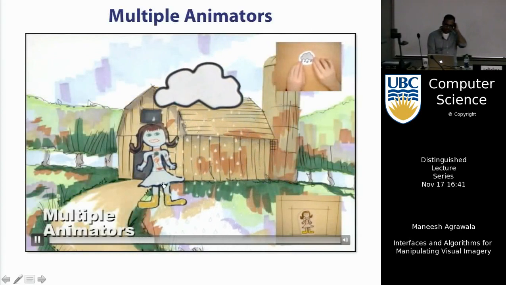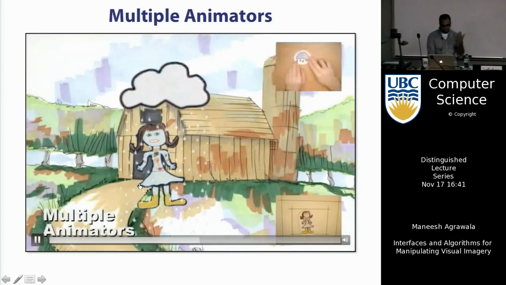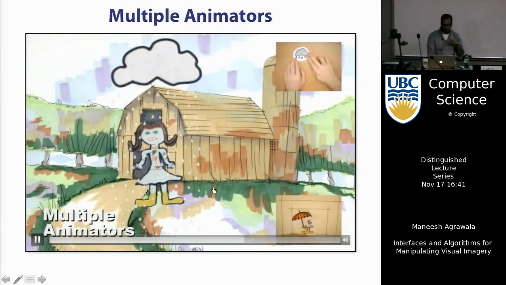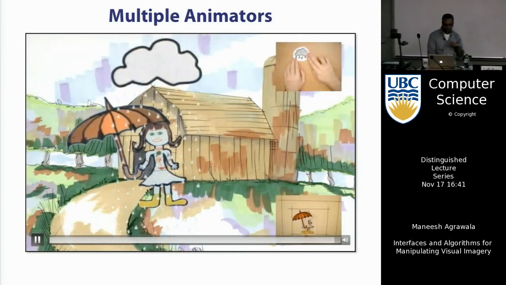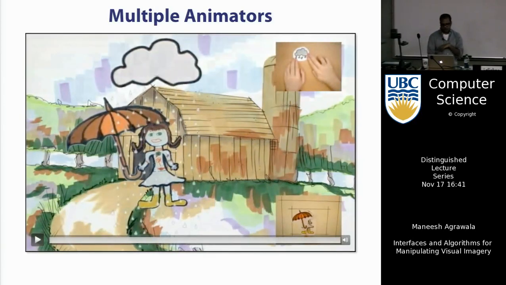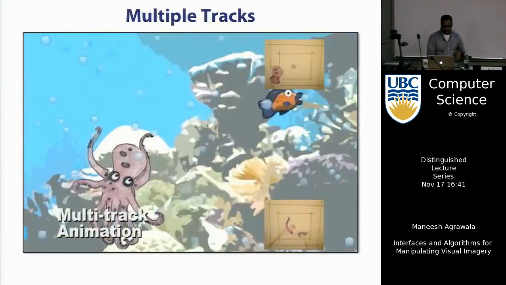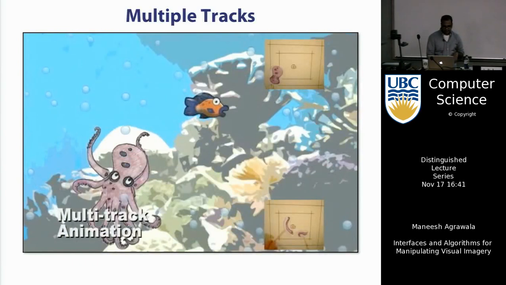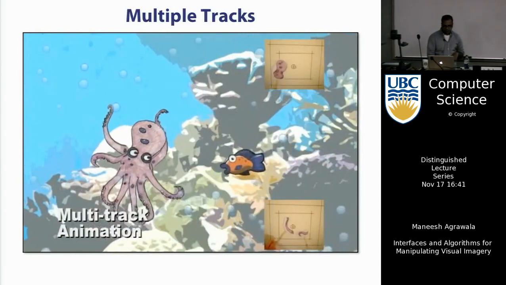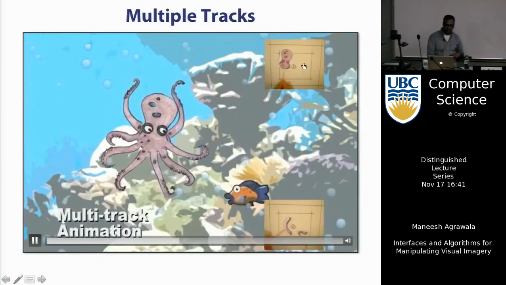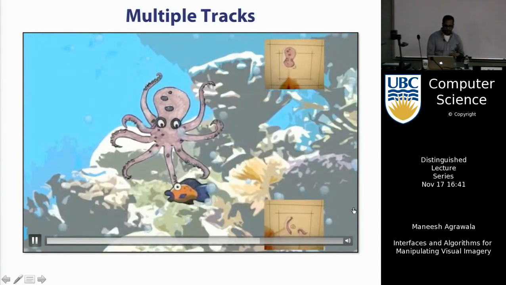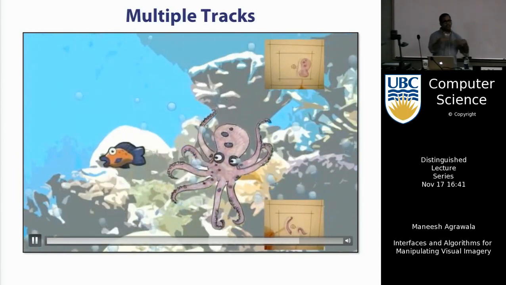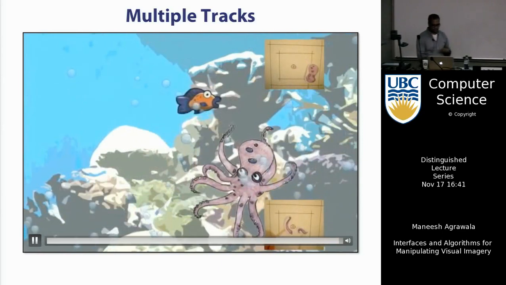So here, once we've built the system the way I just showed, we can have one person running it in California, another person in Berkeley, and create these kind of shared animations. We can also separately animate different tracks. So here, one person starts by animating the body of the octopus, then animates the arms, and we put it all together into the final result, as shown here.